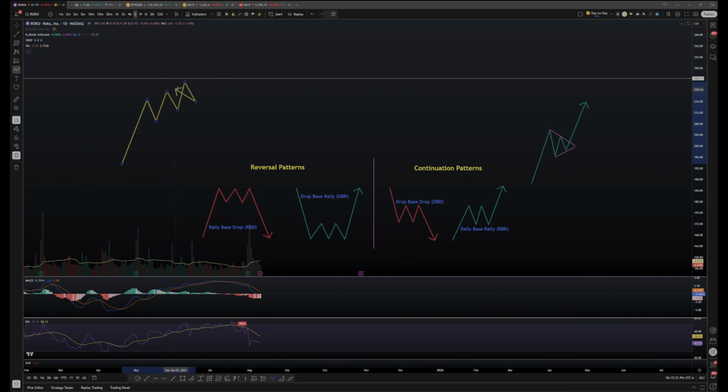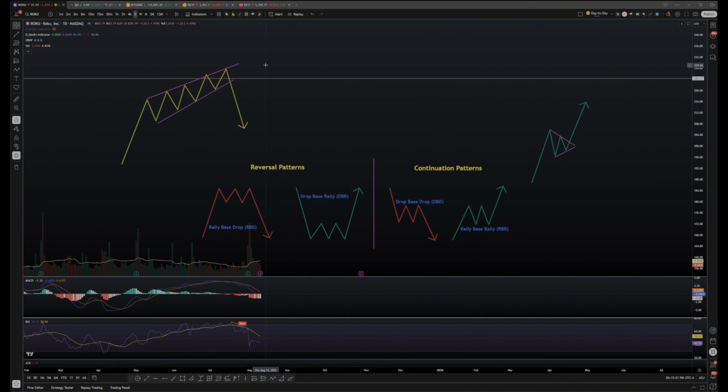But you see here, we're making higher highs and higher lows, until we get to a point, and it does this. And what we just created here, if I drew this anywhere near accurate, would hopefully be some sort of a rising wedge.